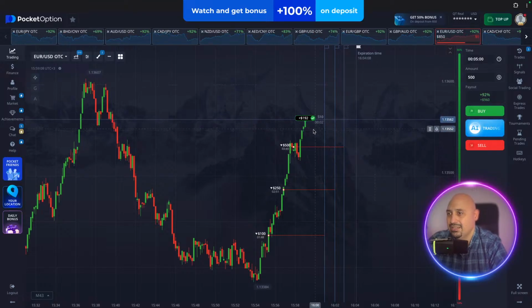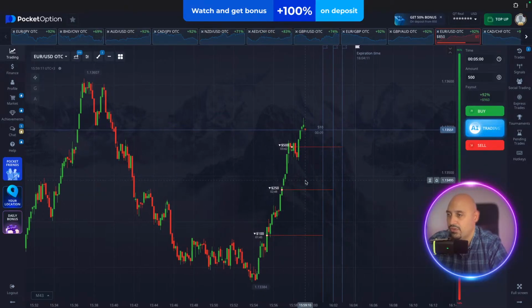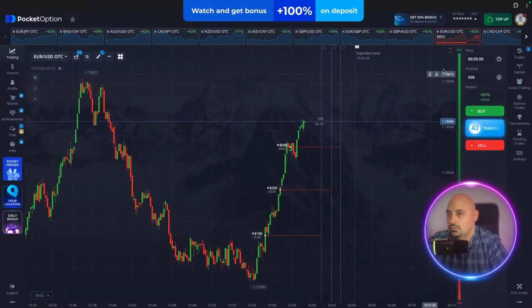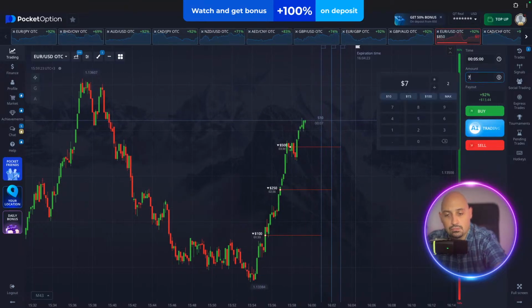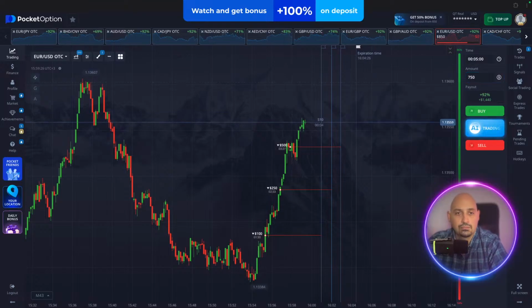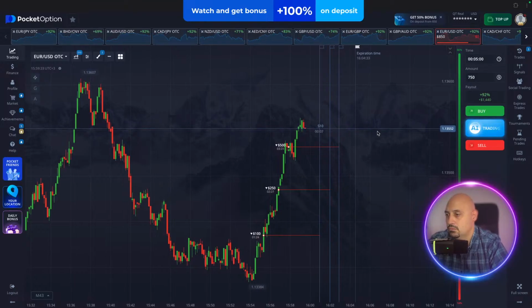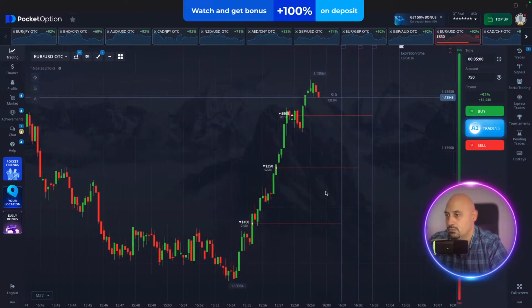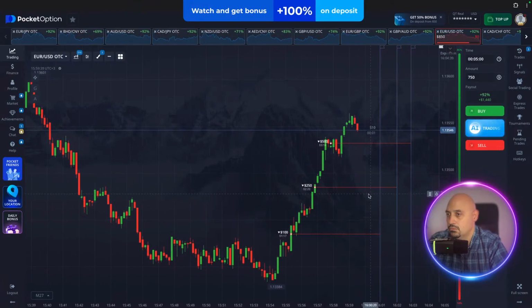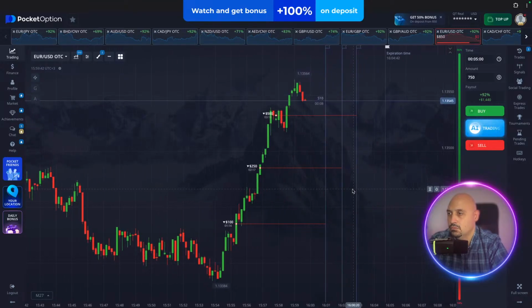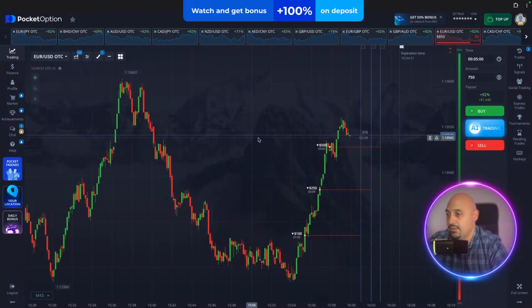So if everything stays as is now, of course, I lose my 3 trades over here. Small pullback. And again, to the upside. What do you guys think?